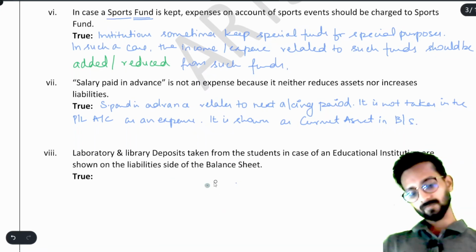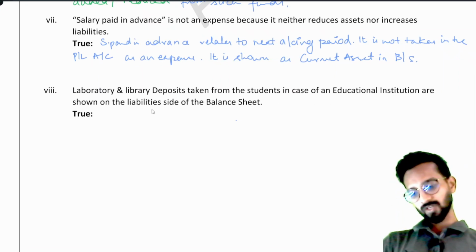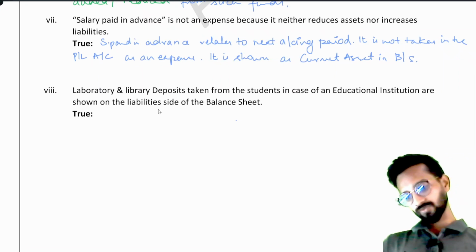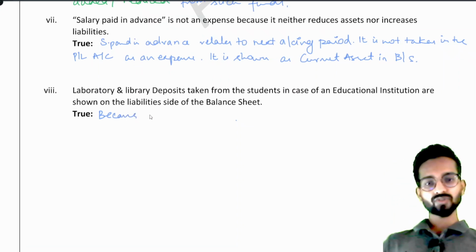Now after this, the 7th we have here is laboratory and library deposits taken from the students in case of an educational institution are shown on the liability side of the balance sheet. Obviously true, you can write here because see, why do they take deposit from students in the schools or education institute?